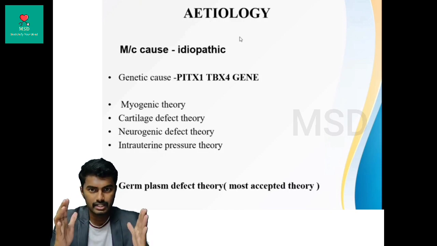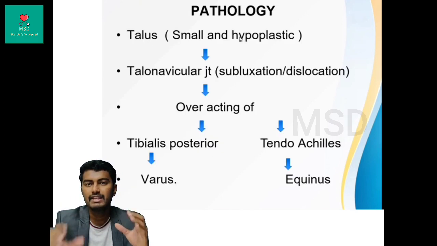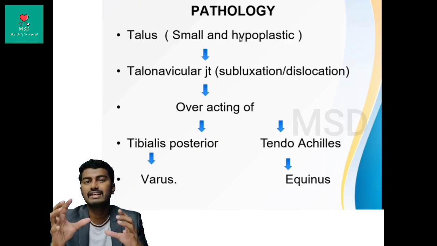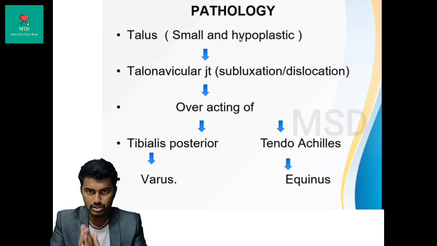But the most commonly accepted theory is the germplasm theory, which says that the talus, being so small, will get displaced from the talonavicular joint.